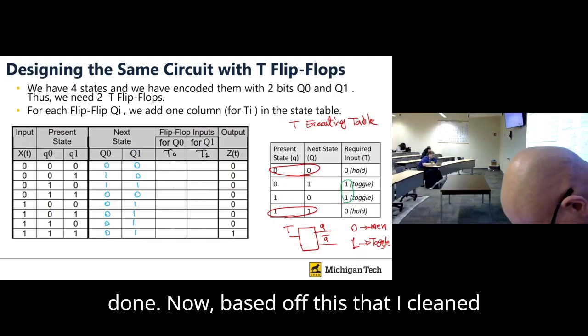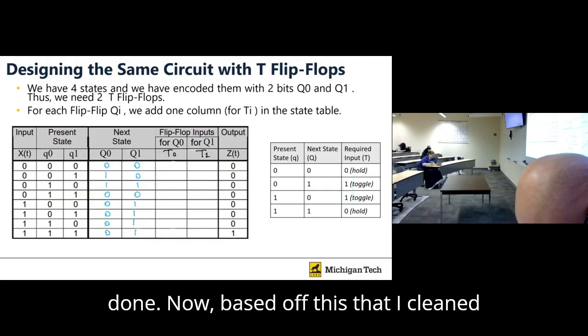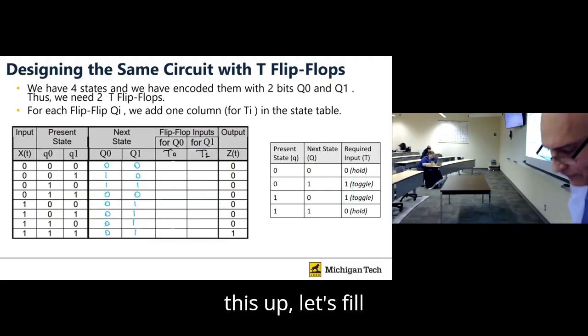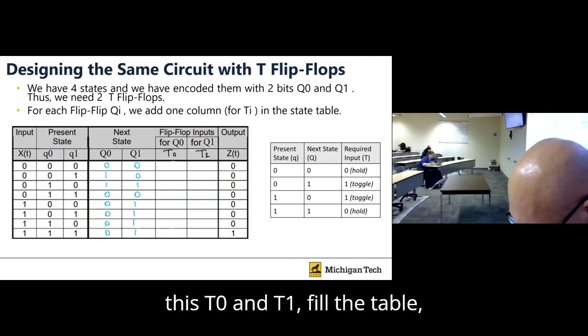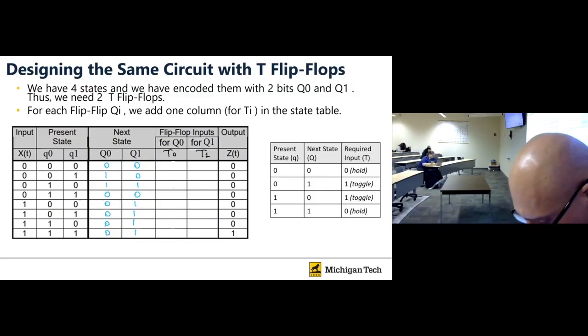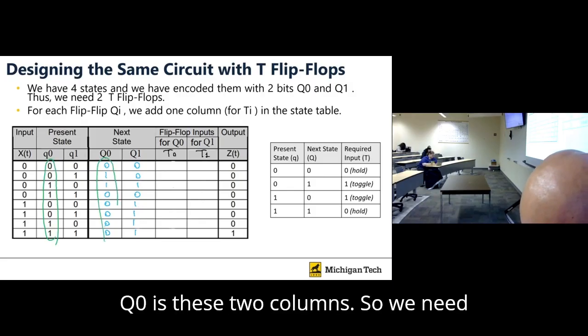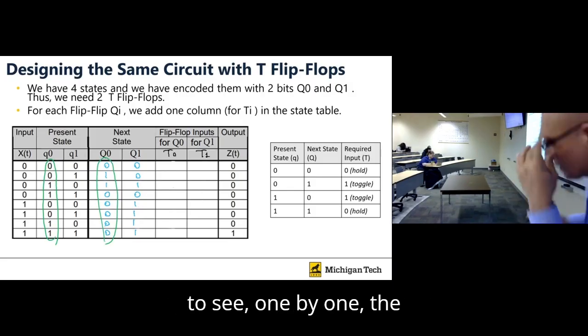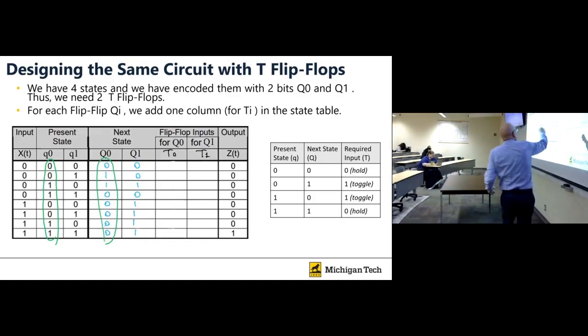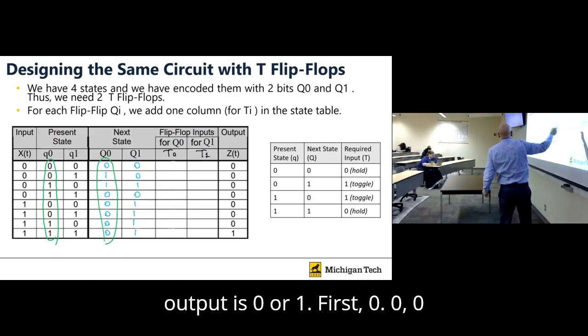So that's done. Now, based off this, let me clean this up. Let's fill T0 and T1. Fill the table. First, go for Q0. Q0 is these 2 columns. We need to see one by one whether the output is 0 or 1.